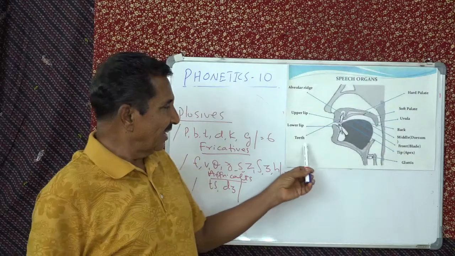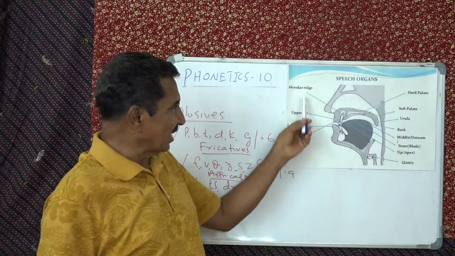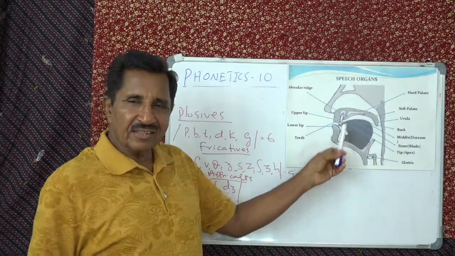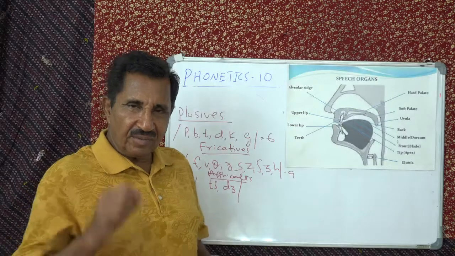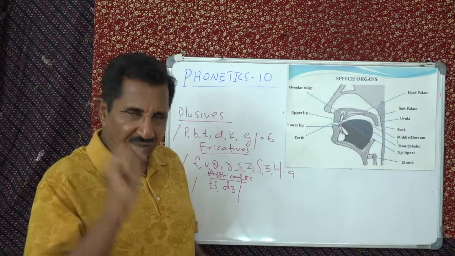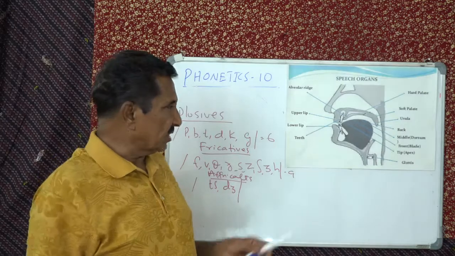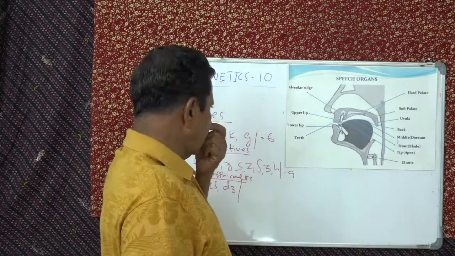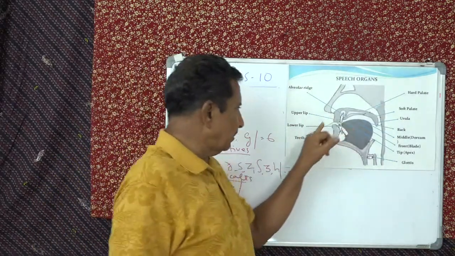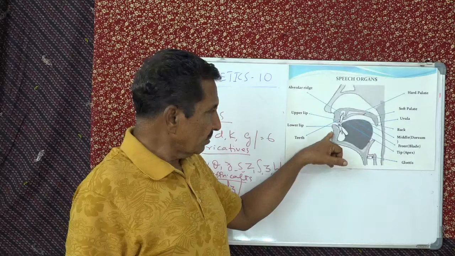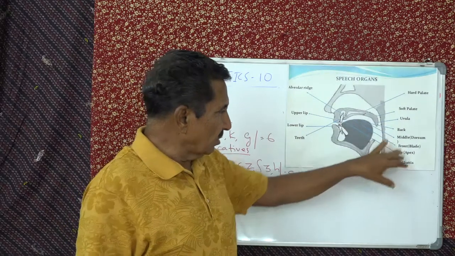Your teeth are there, then it tells you about the alveolar ridge. I told you alveolar means a pit or a socket in which the teeth are fixed. Then you have an upper lip, lower lip. Tongue has different parts.